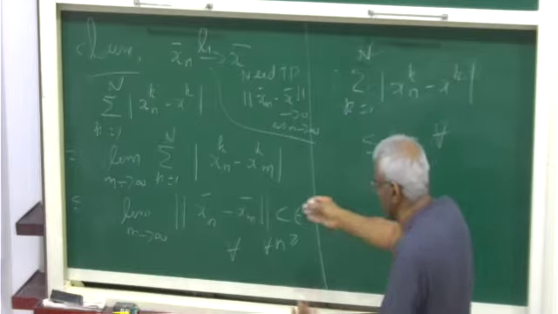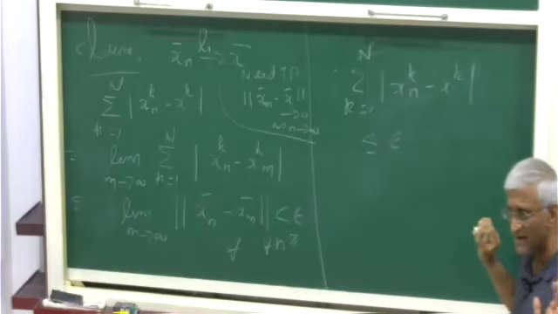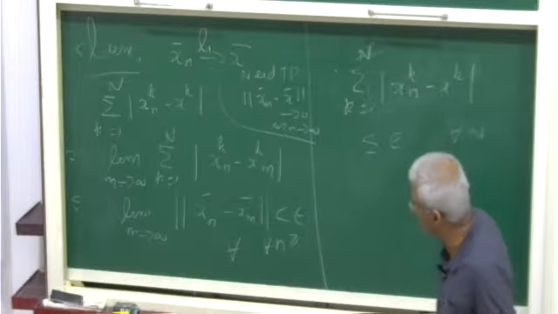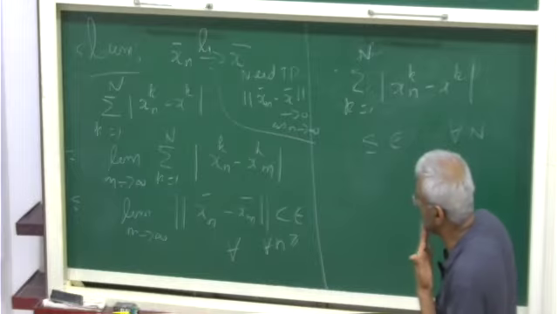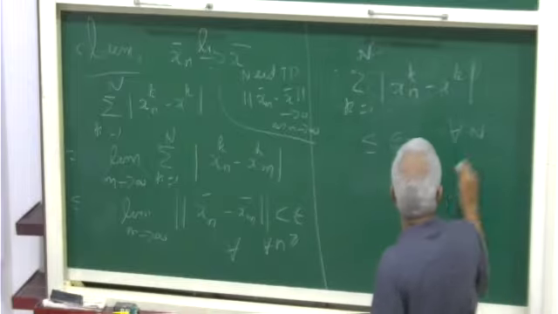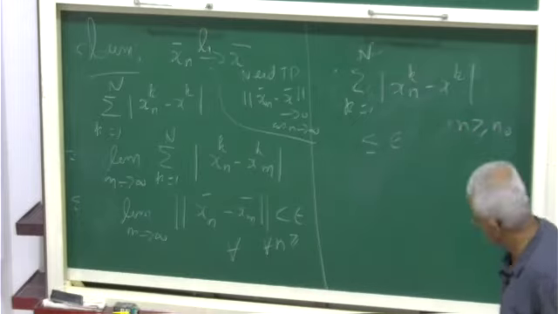We just have a limit, and m going to infinity. So this is less than epsilon. That's fine. This is less than epsilon for all n. That's all right, no? This is less than epsilon for all n greater than N, and for all n.